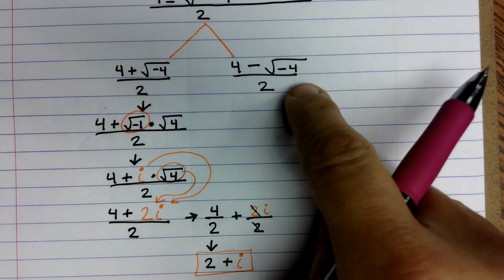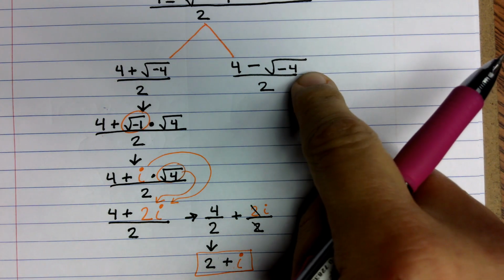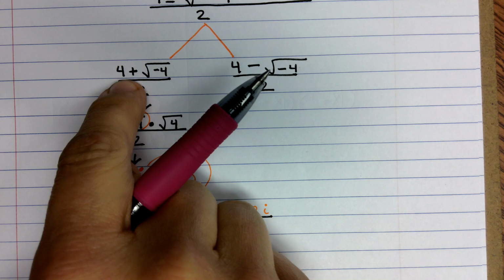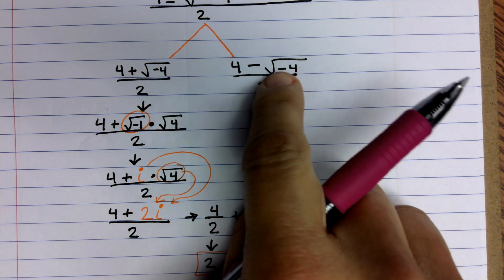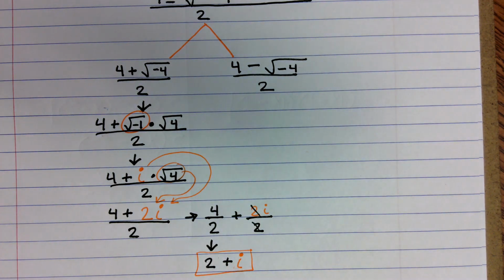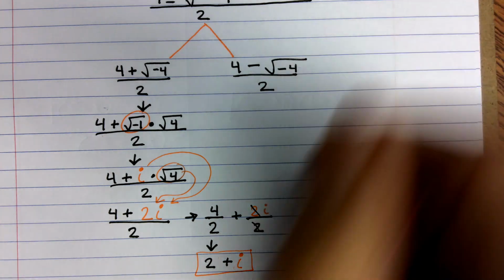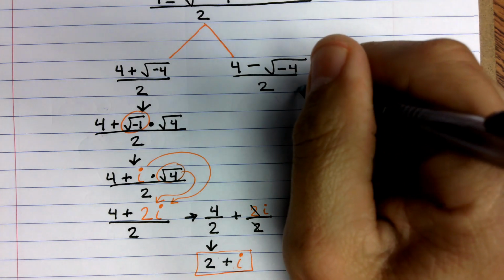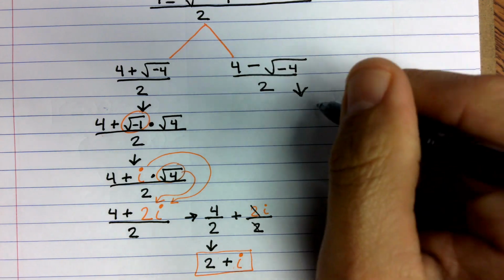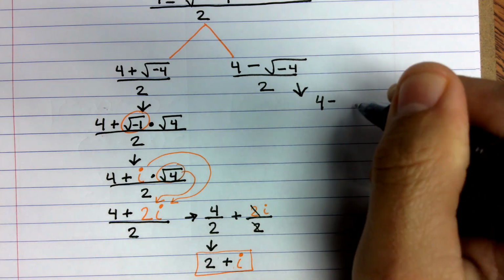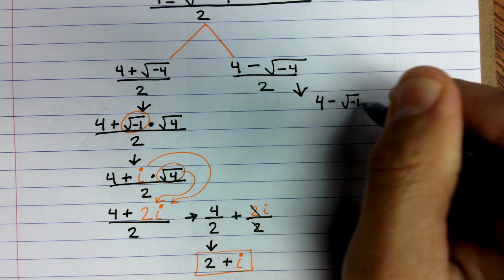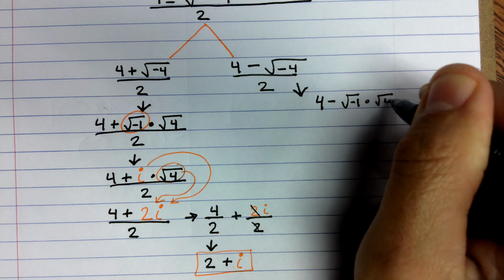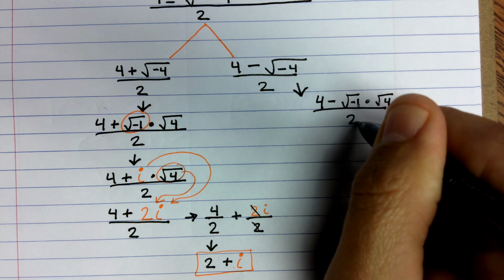Now we would follow the same process on this one over here. The only difference is instead of plus the i, we're just going to have minus the i. So we could work that all out, and this one I'm going to do a little bit faster. In other words, this is going to be 4 minus the square root of negative 1 times the square root of 4, divided by 2.